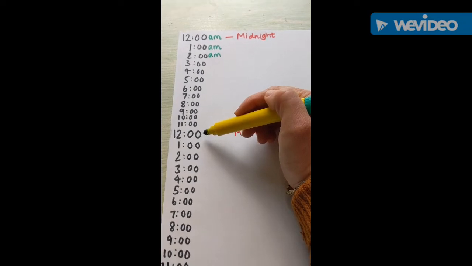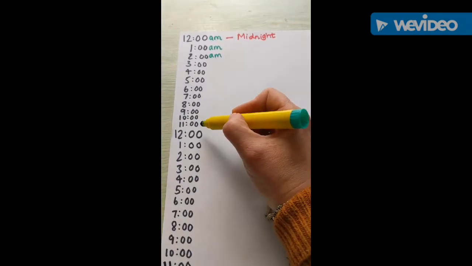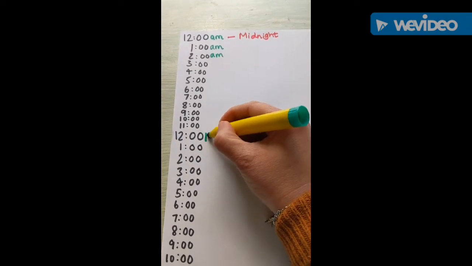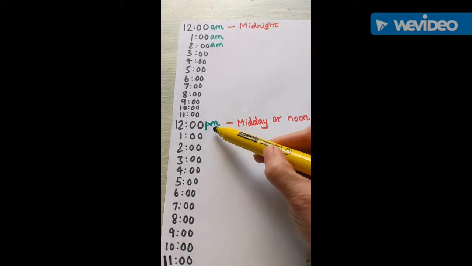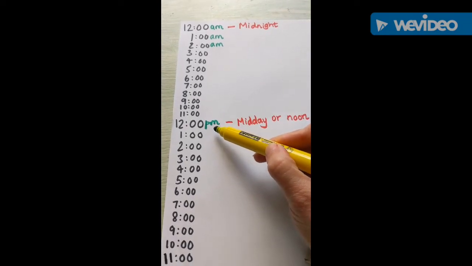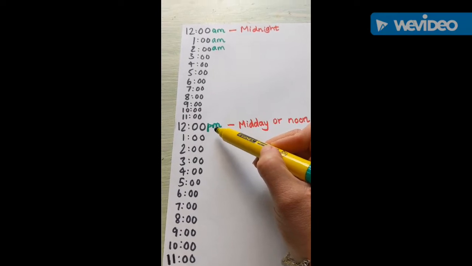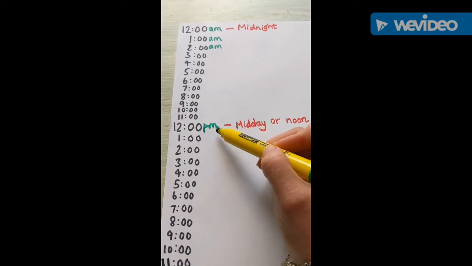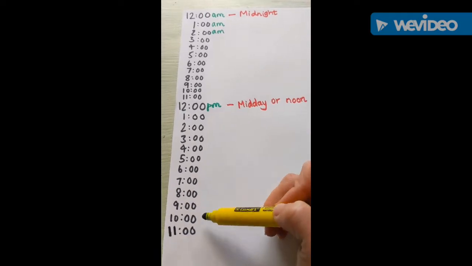So this is midday or noon, and this is when we change to 12 o'clock PM. And then all of these times after 12 o'clock midday or noon, which is 12 o'clock PM, are all then past midday. So they are all going to be PM times.